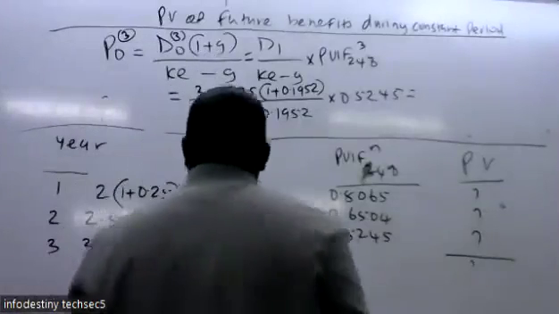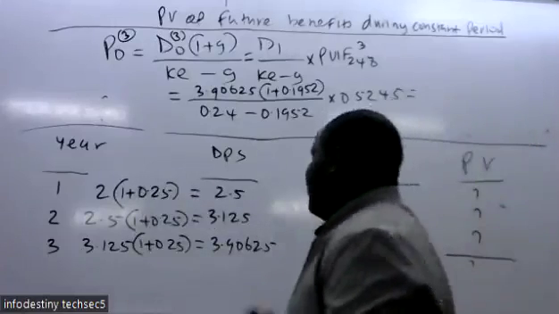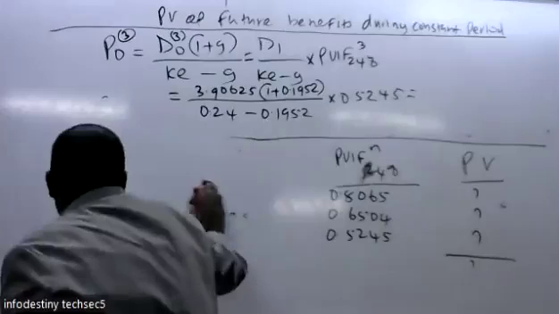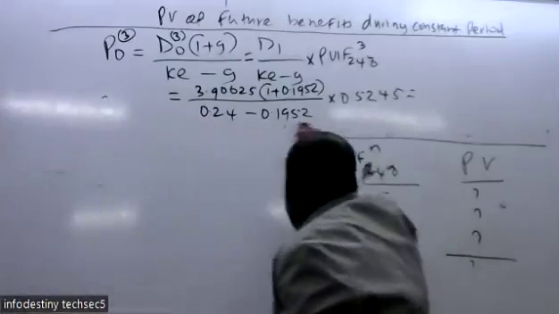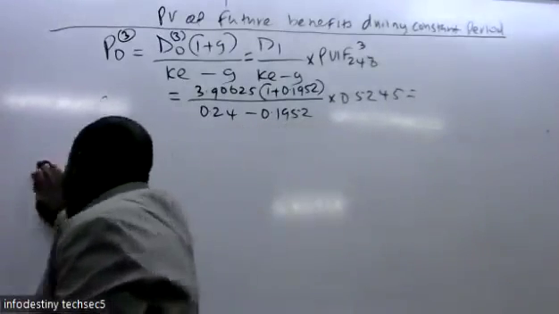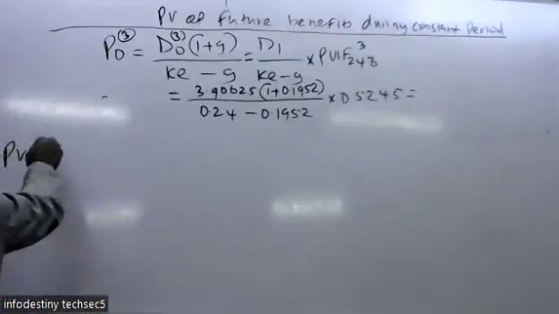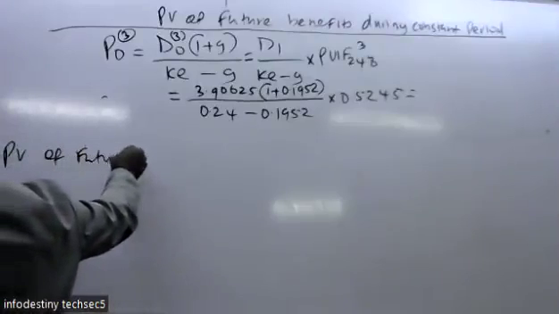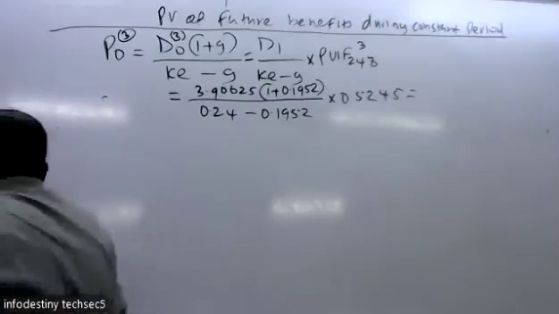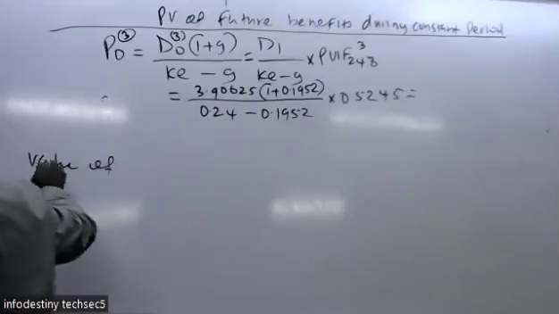Once you have done that, you now add the two figures, during the non-constant period plus during the constant period, to get the value of the share. So you simply add the present value of the future benefits during the non-constant period and the one for the constant period.